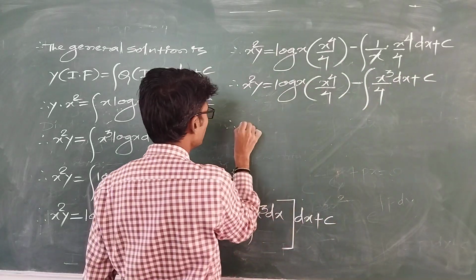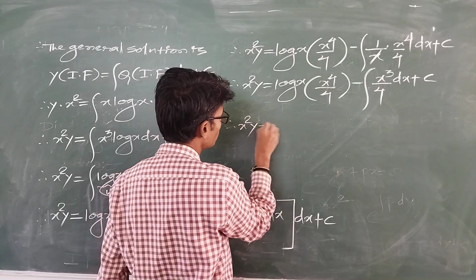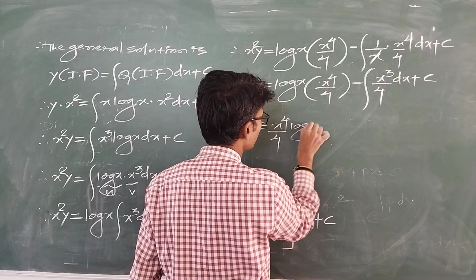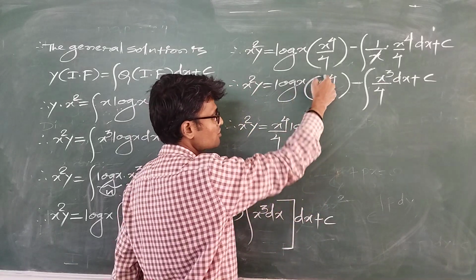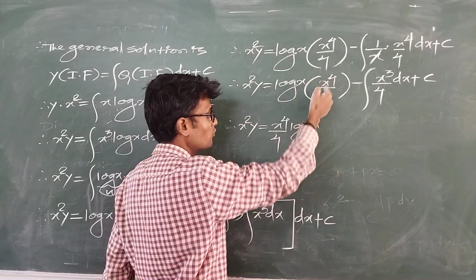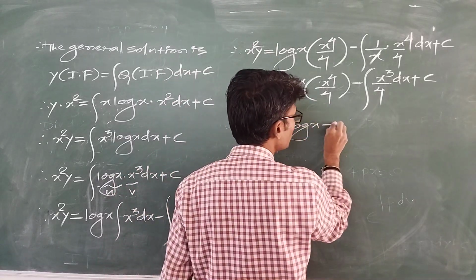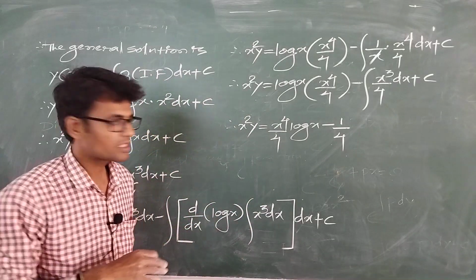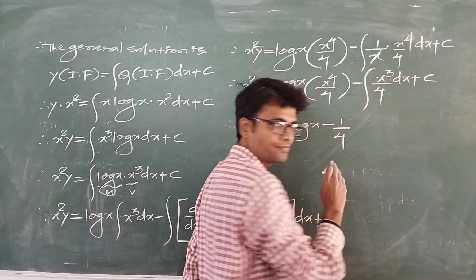So therefore I will write x square y is equal to x raised to 4 divided by 4 into log x. Minus, 1 by 4 is a constant, we take outside, the integration of x cube.